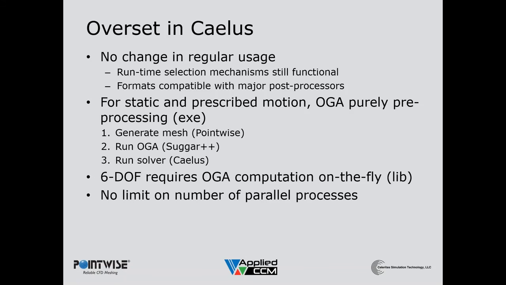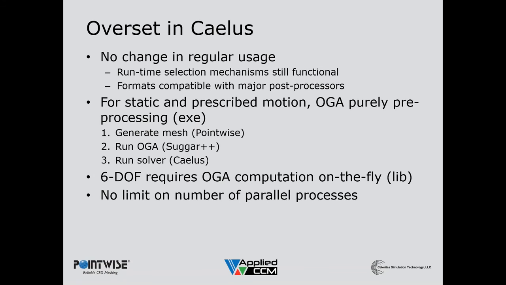Neither of these approaches, either the static prescribed motion or the 6DOF, which requires the library version, will put any limit on the number of parallel processes the user can use. So that benefit will remain. With that, I'll pass it over to Travis, and he can get going in his part.